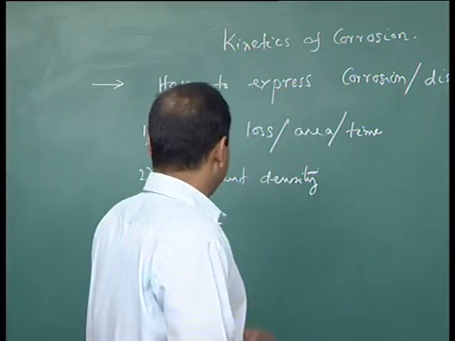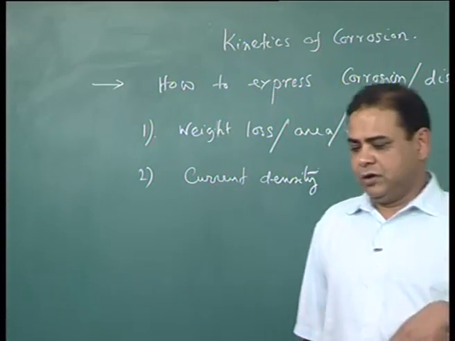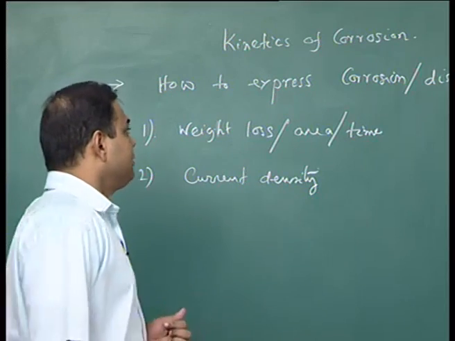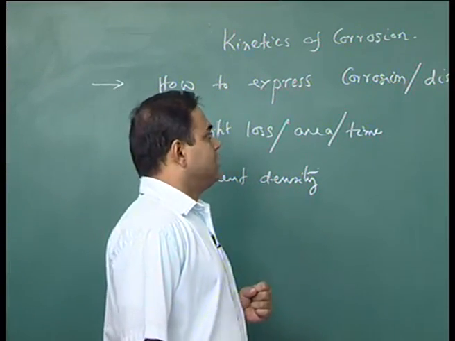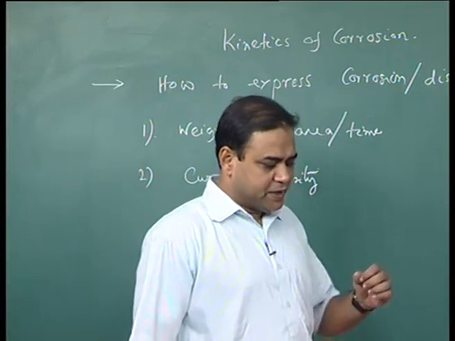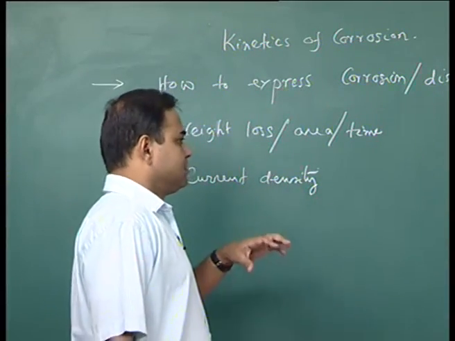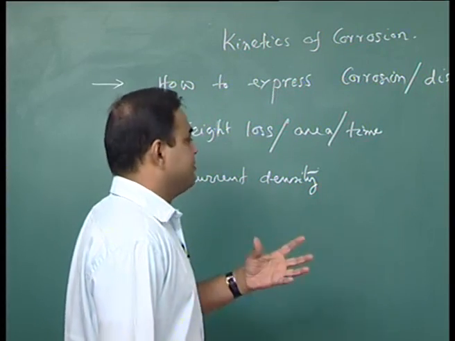Now, the weight loss per unit area and per unit time is simply you have to measure the weight of the metal in the solution for a particular duration and then see the loss in weight divided by the surface area which is exposed to the solution and the time duration.